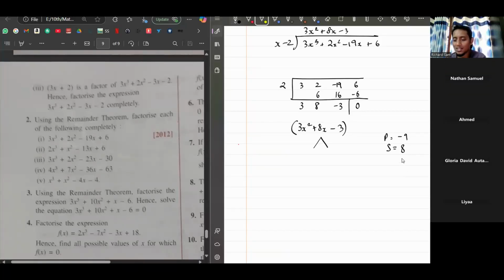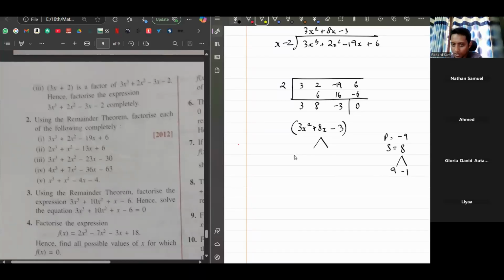Now tell me, what are the two terms? 9 and minus 1. Right, 9 minus 1 is 8, and 9 into minus 1 is minus 9.